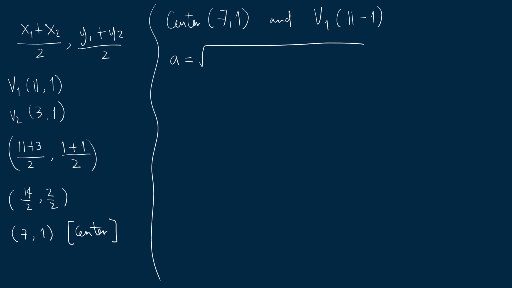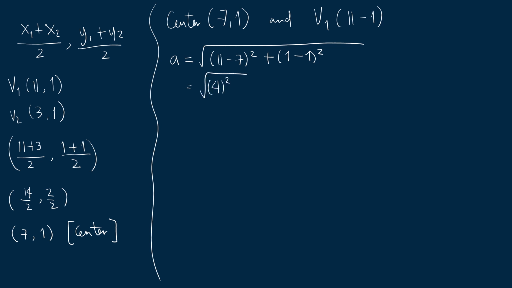So in this case, if your x sub 1 is 7 and x sub 2 is 11, you can write 11 minus 7 squared plus 1 minus 1 squared. And that would be 11 minus 7, which is 4 quantity squared.